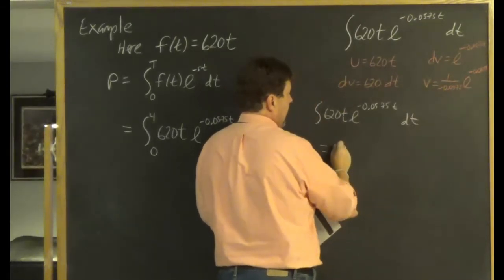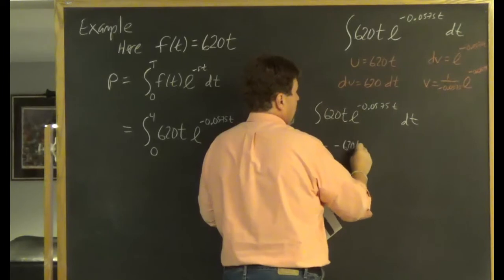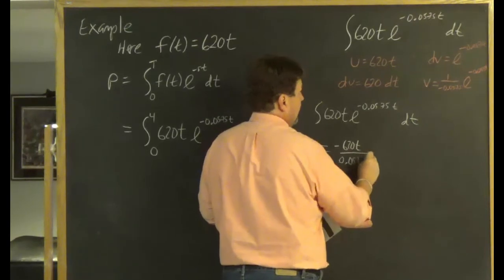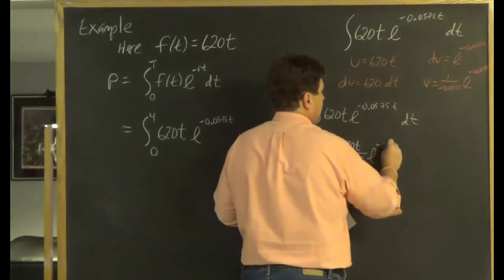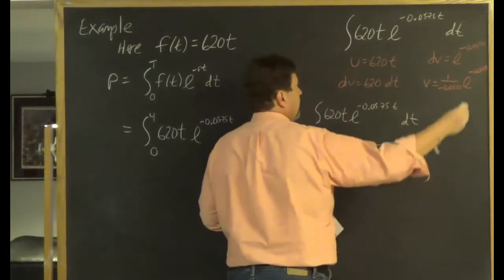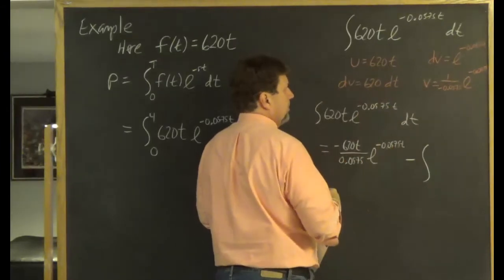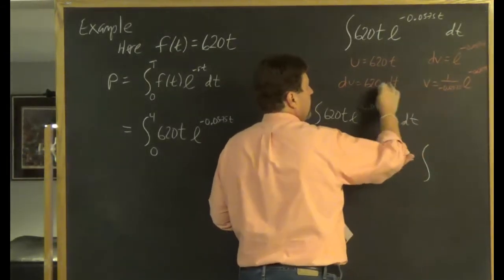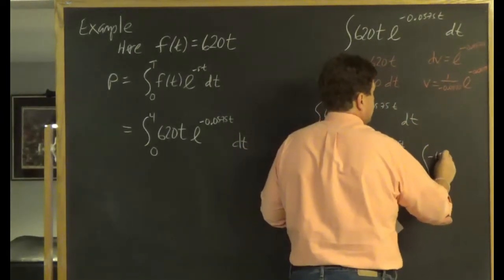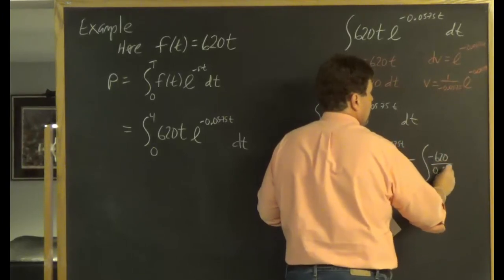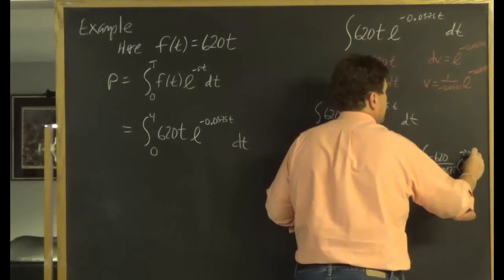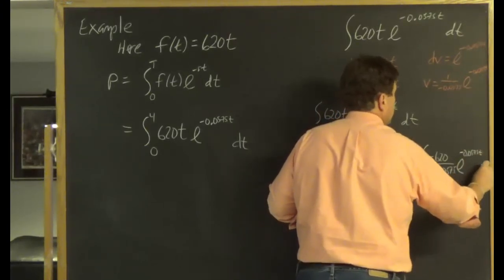So I'm going to write that as negative 620t over 0.0575 e to the negative 0.0575t minus the integral of v du. Well, I could write that as negative 620 over 0.0575 e to the negative 0.0575t dt.